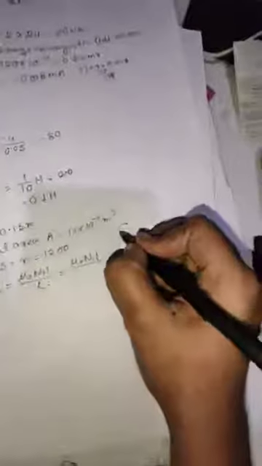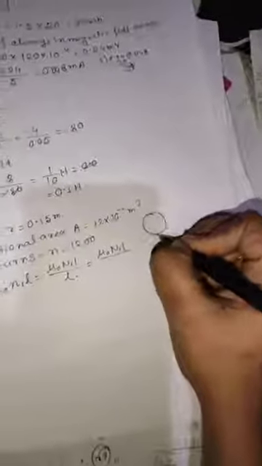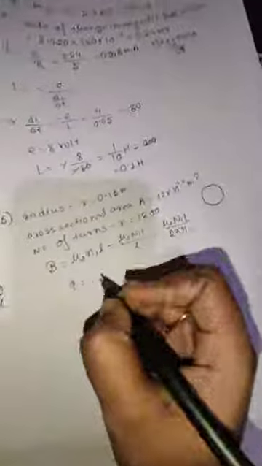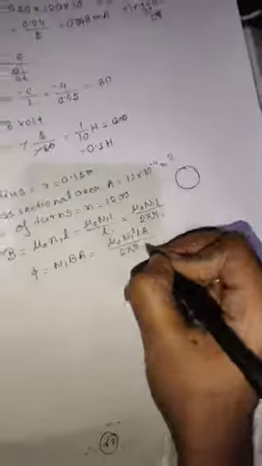What is L? As we are considering a toroid, it has a circle. So what is the total length? That is nothing but the perimeter, right? So that is 2 pi r. So magnetic flux phi is N B A. Already we know B, so that is mu 0 N square I A by 2 pi r.